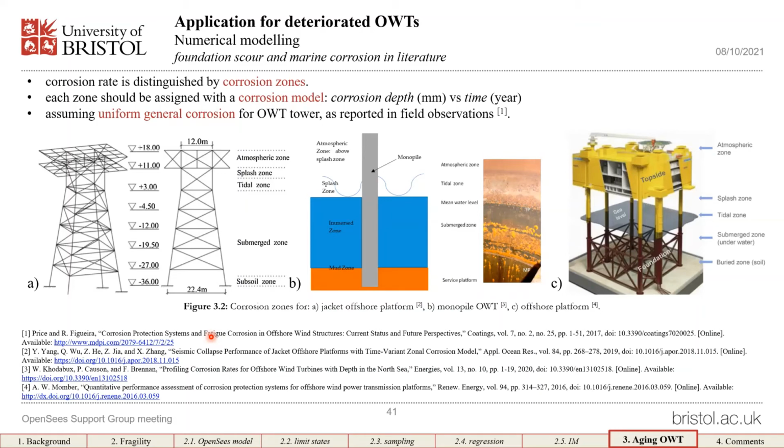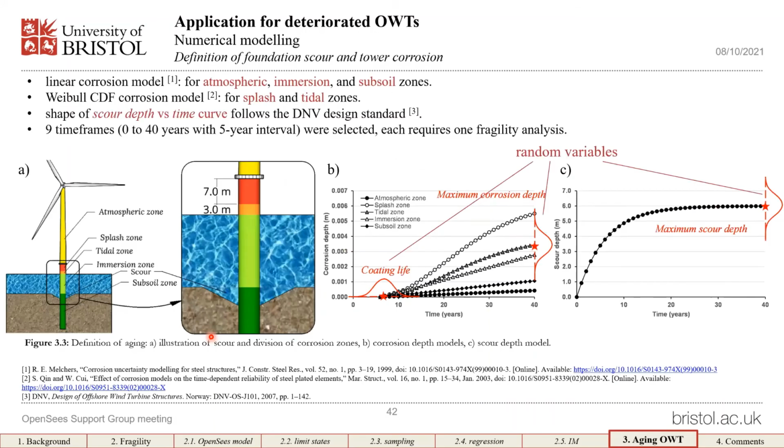So the uniform corrosion model is applied as a uniform reduction of the tower section according to these divisions of zones. Basically, you know that for fiber sections, you have this definition of internal radius and external radius, and you just reduce the external radius. It's that simple.